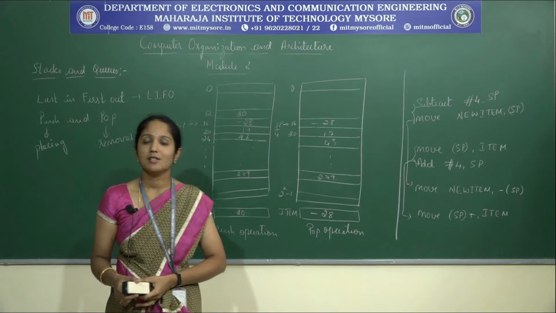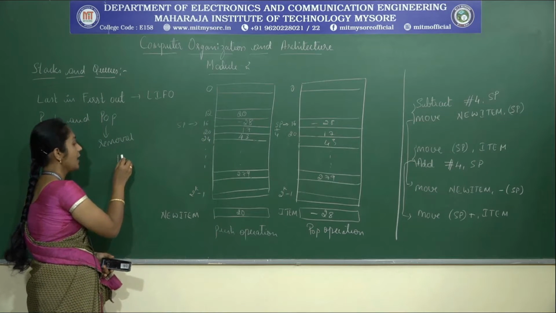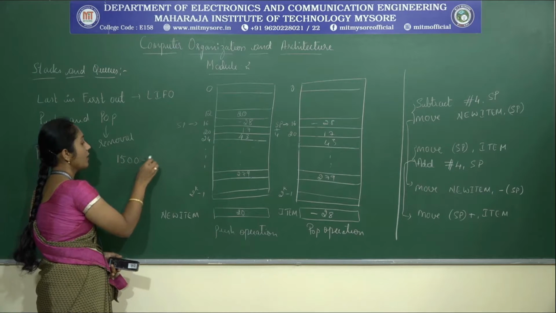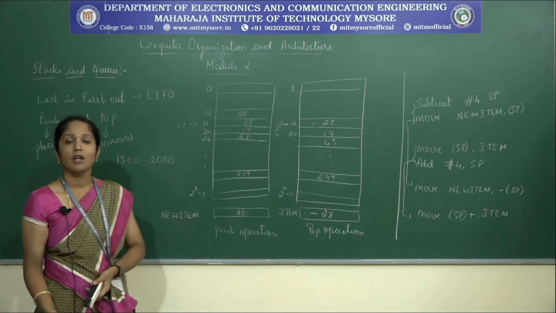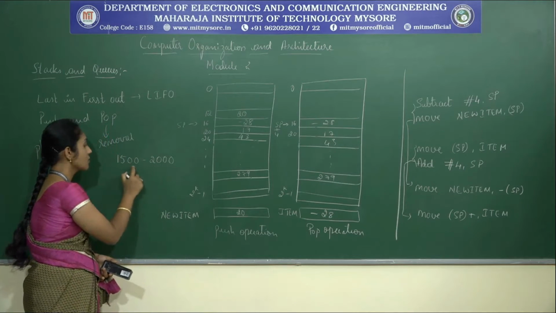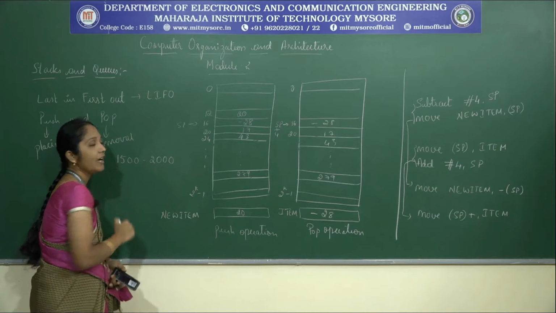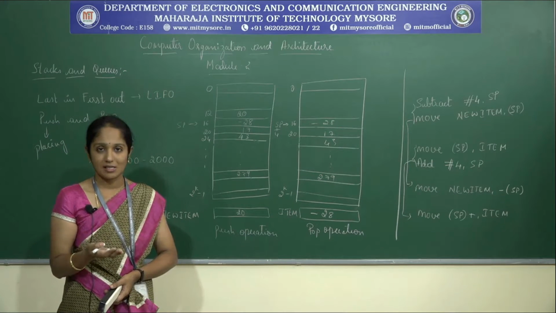Now if you consider the stack, as I said before, if you assume the stack runs from 1500 to 2000, and you use such an instruction, then it is not possible to keep track of the starting address and the ending address of the stack. That is, you cannot keep track of the first element and the last element in the stack.